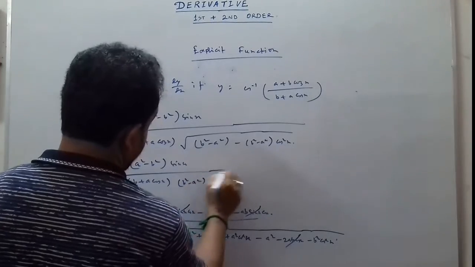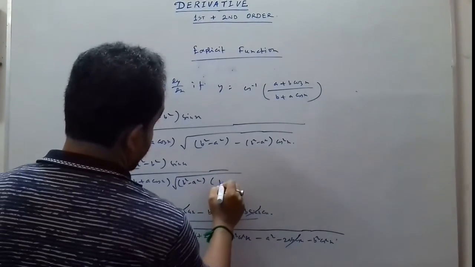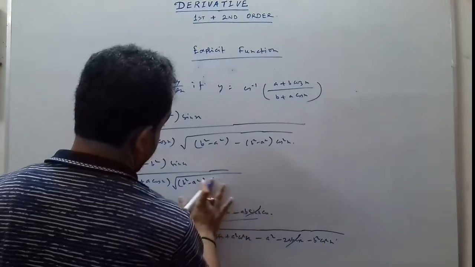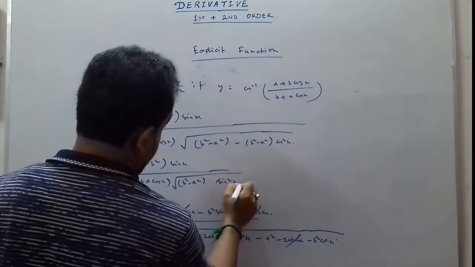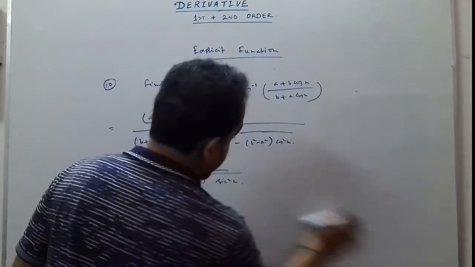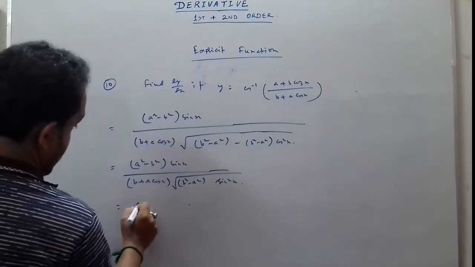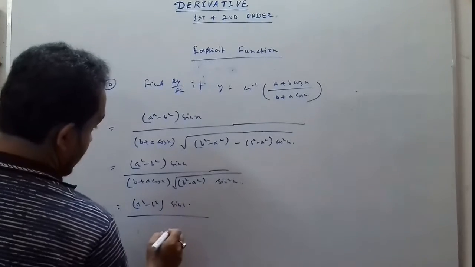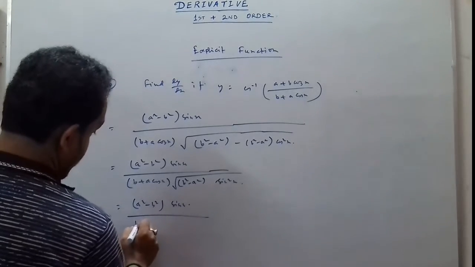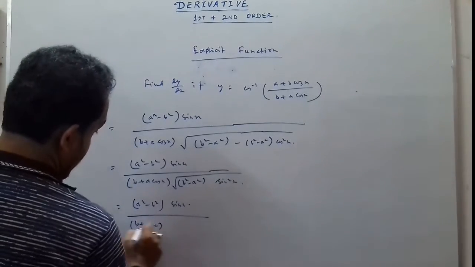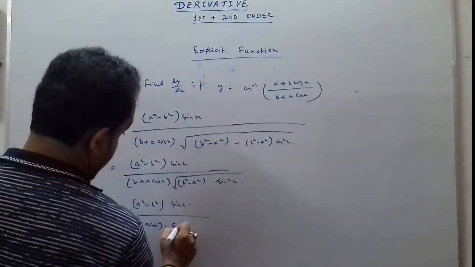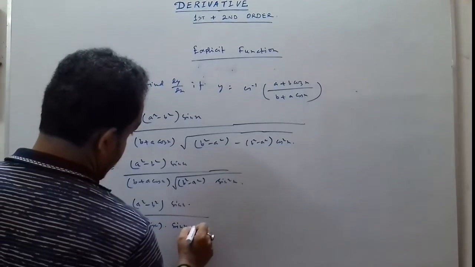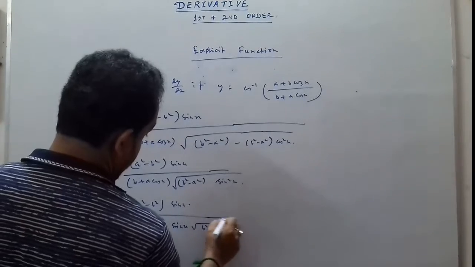Taking common, we get 1 minus cos square x, that is sin square x. So finally we get (a square minus b square) into sin x, and here we find (b plus a cos x) into sin x into root over b square minus a square.